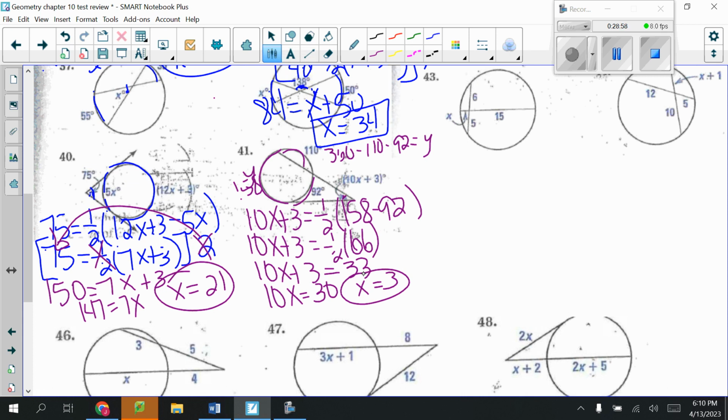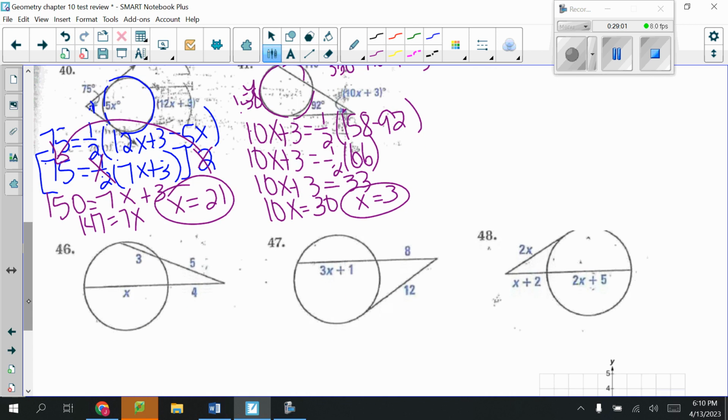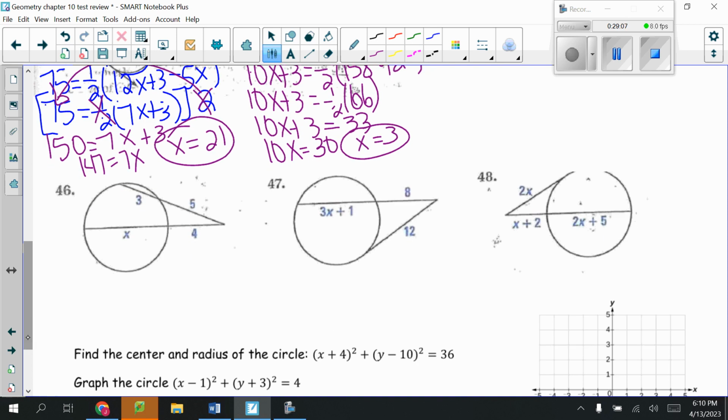If I look at these below it, and then we'll go back up and do those other two. So here I have 2 tangents. So remember that if I have 2 tangents, I take the outside portion, 5, and I multiply that by the entire length. So 5 plus 3, 8.